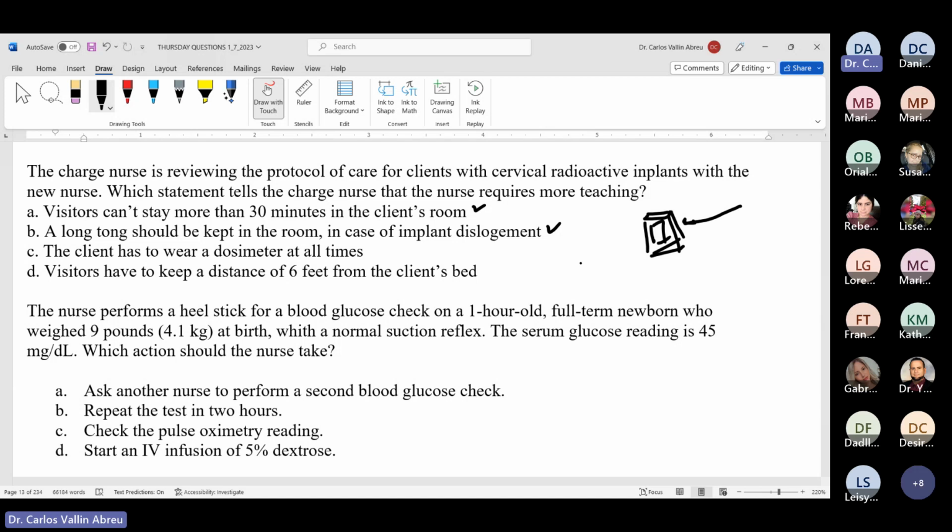So wearing this allows the expert to know how much dose of gamma rays the person wearing the badge has received. And visitors had to keep a distance of 6 feet from the client's bed.